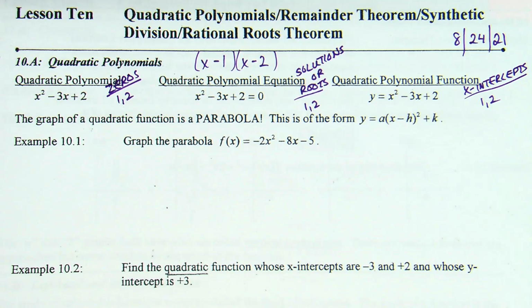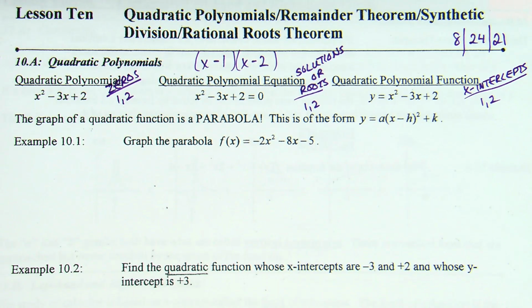Okay? You know, I mean, solutions or roots, technically it has to be equal to 0 to have that happen. You know, it's x-intercepts, it's a function. But those are all really kind of words for finding the same type thing. Okay, so just be familiar with those words and kind of how they go together.